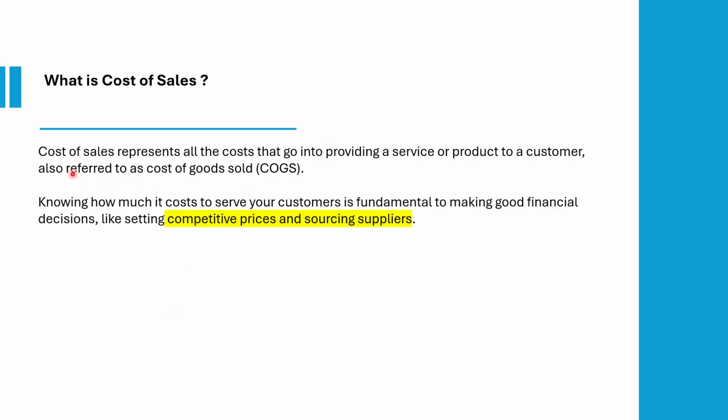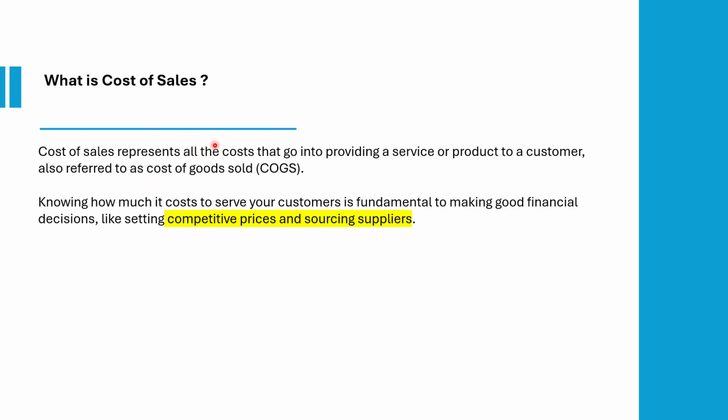So let's try to understand first what is cost of sales. I have written here so that you can read it: it represents all the costs that go into providing a service or product to a customer, sometimes referred to as cost of goods sold if you are into goods selling.